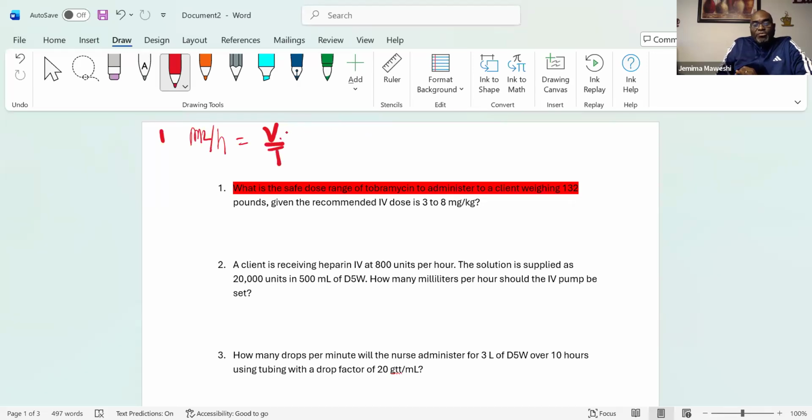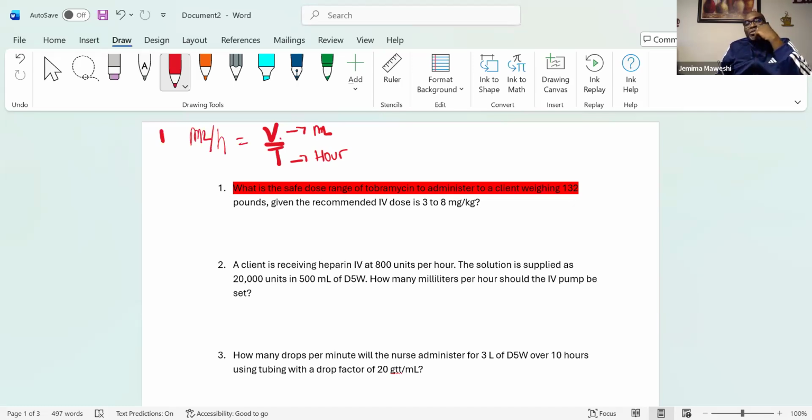Don't forget this volume must be in milliliters and the time must be in hours. Now, how will you know you are on volume over time?